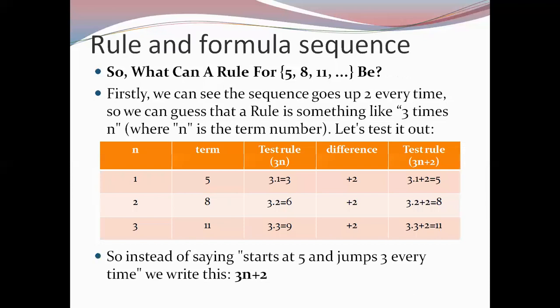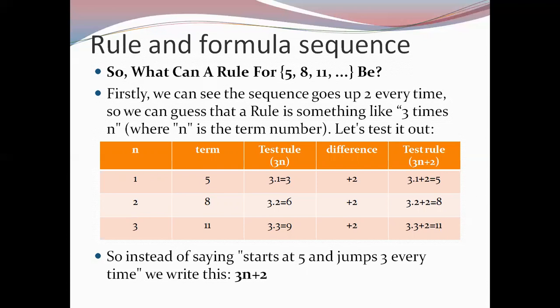Next, what is the rule for 5, 8, 11, and so on? Firstly, we can see the sequence goes up by 3 every time. So we can guess that the rule is something like 3 times n, where n is the term number.